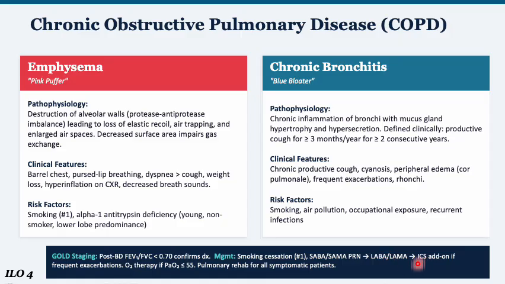You can escalate and add inhaled corticosteroids if they're having frequent exacerbations, and if their PaO2, or partial pressure of oxygen, is less than 55, they probably require oxygen therapy.